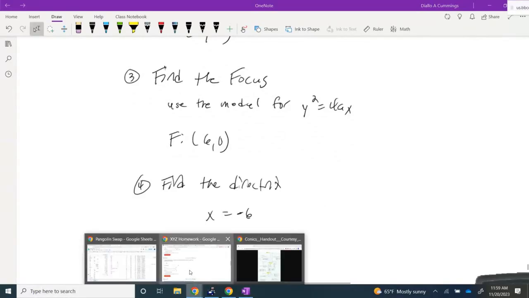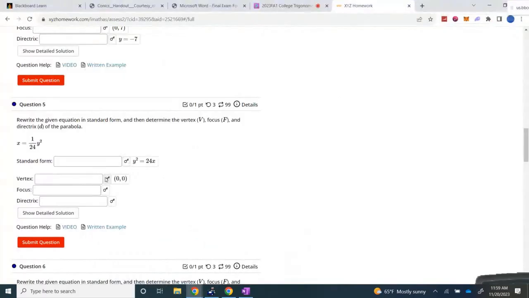All right, so standard form, vertex, focus, and the directrix.